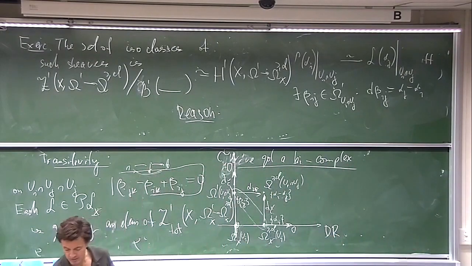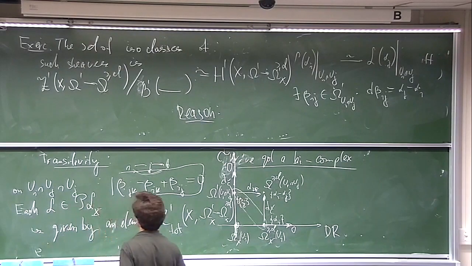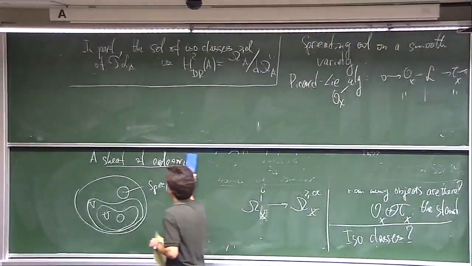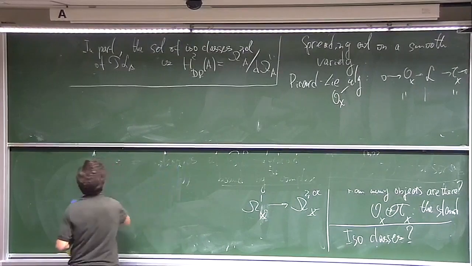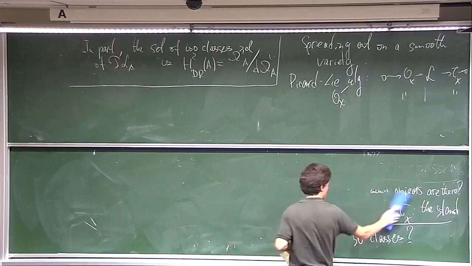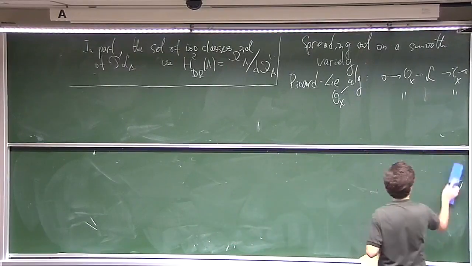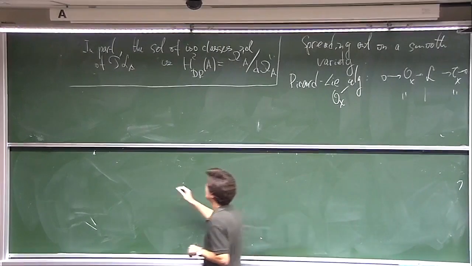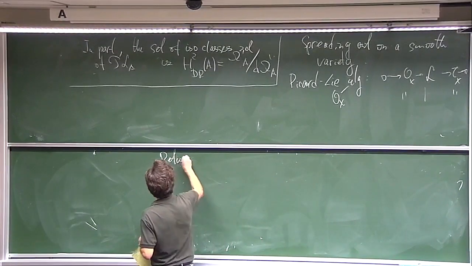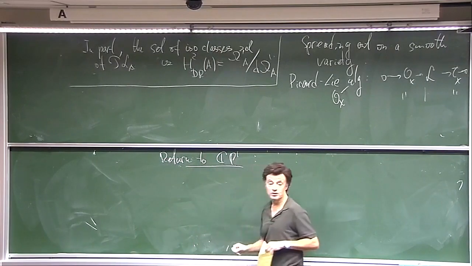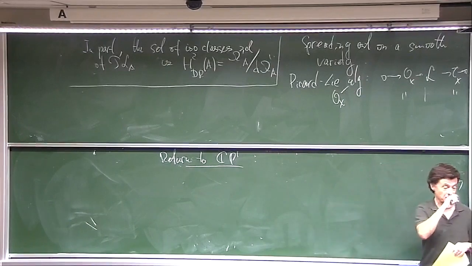Let's look at examples. We really have one serious example, CP1. So return to CP1. What does all this machinery give us on CP1?